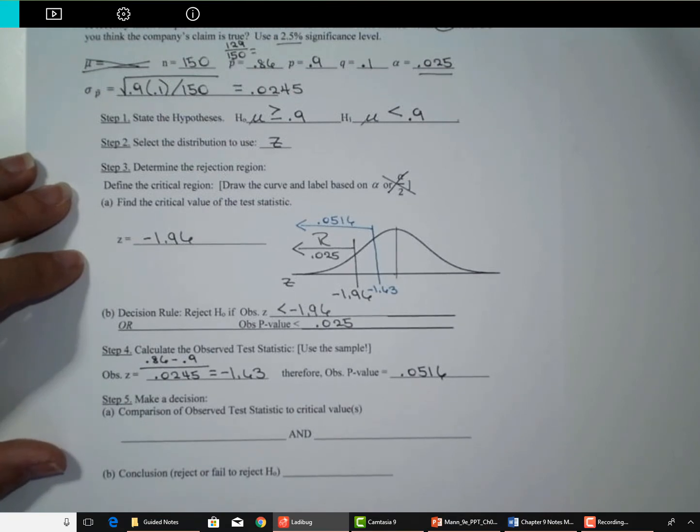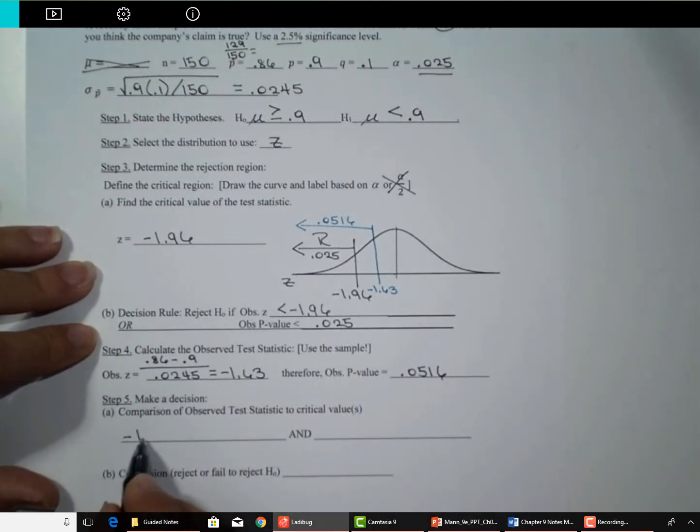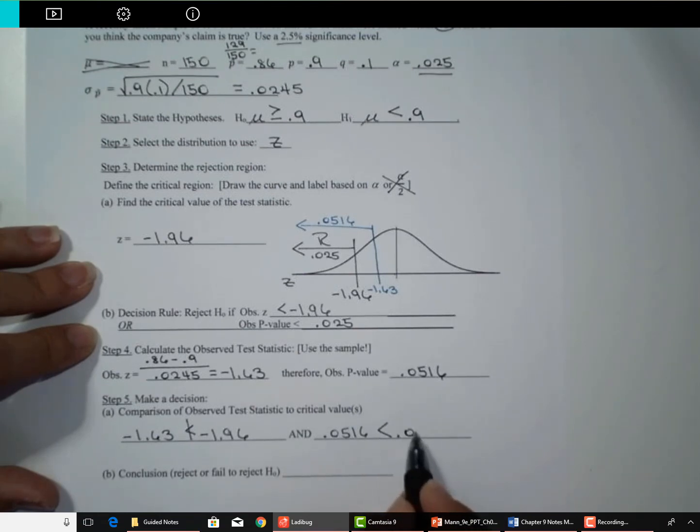Okay. Now, let's do the comparisons. If my observed Z, which is a negative 1.63, is less than negative 1.96, I would reject. But as you can see, it's not, is it? And the other check was if the observed p-value, which was 0.0516, was less than the alpha, 0.025, I would reject.